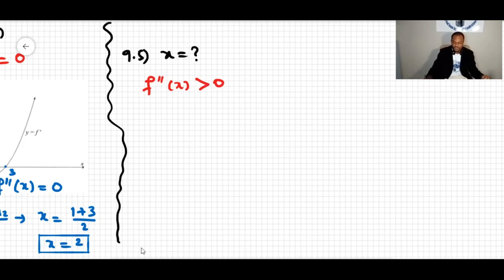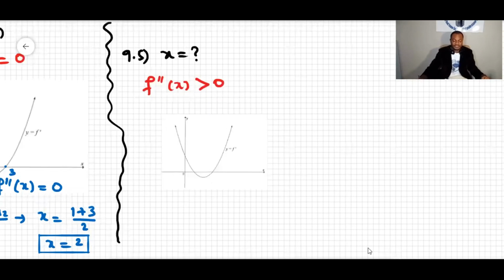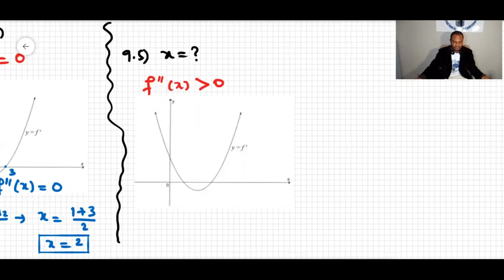Now, in this situation, let's first look at the graph again. The graph is like that. Let me make it a little bit bigger. We already have these points from the previous question: this one was 1 and that one was 3, and then we have this point equal to 2.